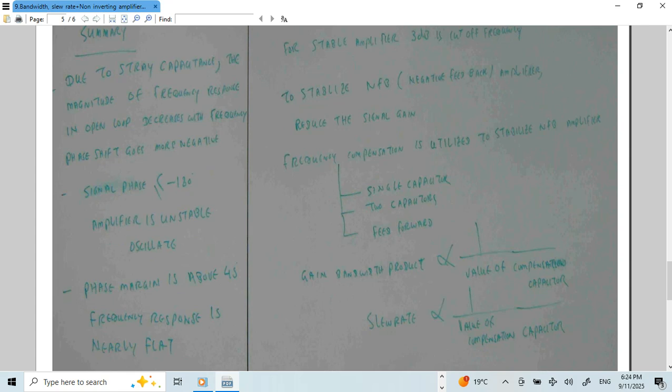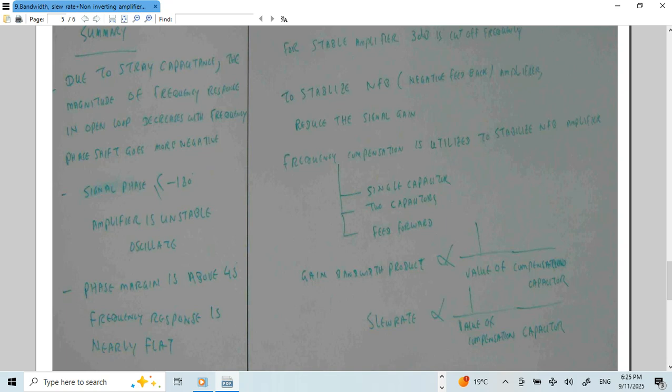When the phase margin is above 45 degrees, the frequency response is flat. To get a stable amplifier, we have to use 3 dB as the cut-off frequency. To stabilize the negative feedback amplifier, we have to reduce the signal gain. Frequency compensation is utilized to stabilize the negative feedback amplifier, especially single capacitor, two capacitor, and feed-forward capacitor.